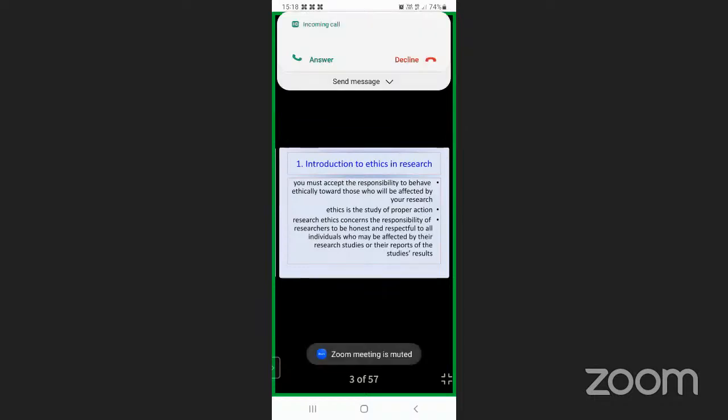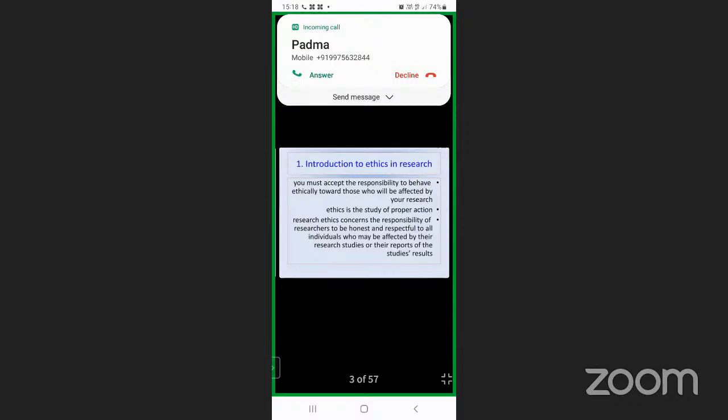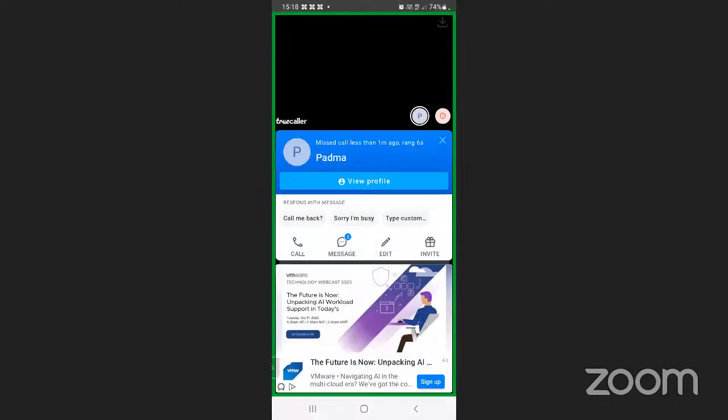So what is the ethics in research? Okay, what is the ethics in research? It is an important point: accept the responsibility to behave ethically towards those who will be affected by research.